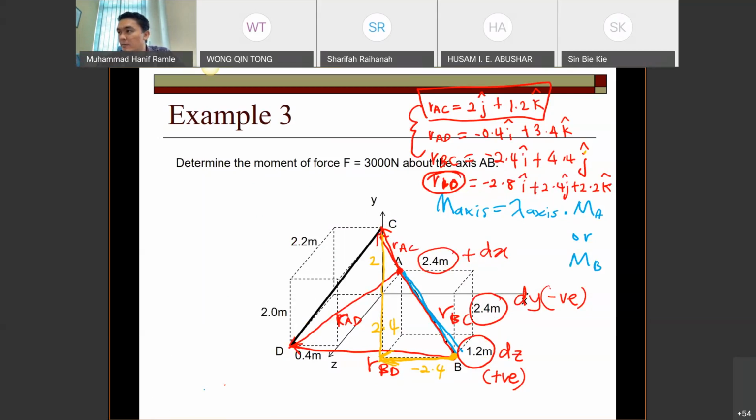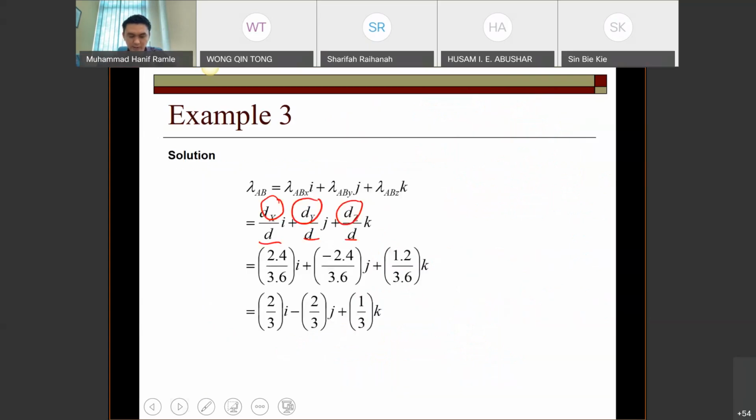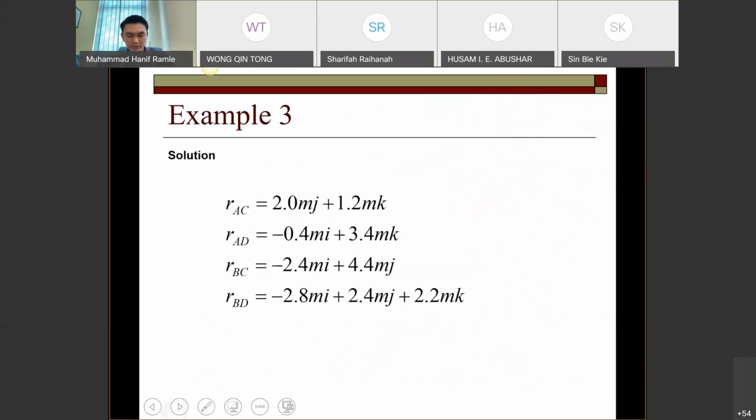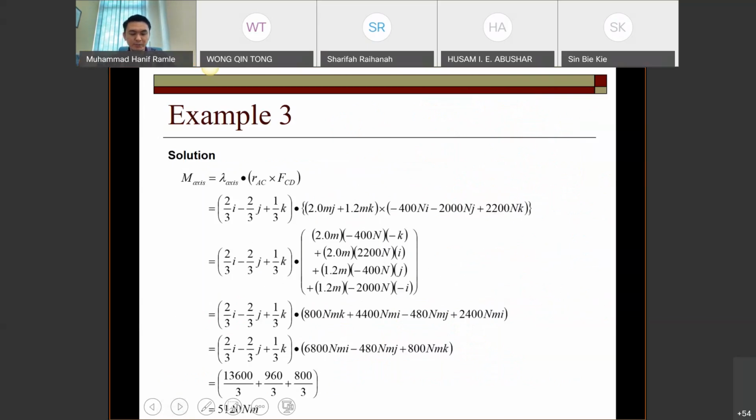So you have this information, dx, dy, dz, insert into the equation here, and then you will get lambda AB in terms of IJK form. So substitute lambda and substitute moment A into the equation, and substitute the simplest R, RAC, into the equation.